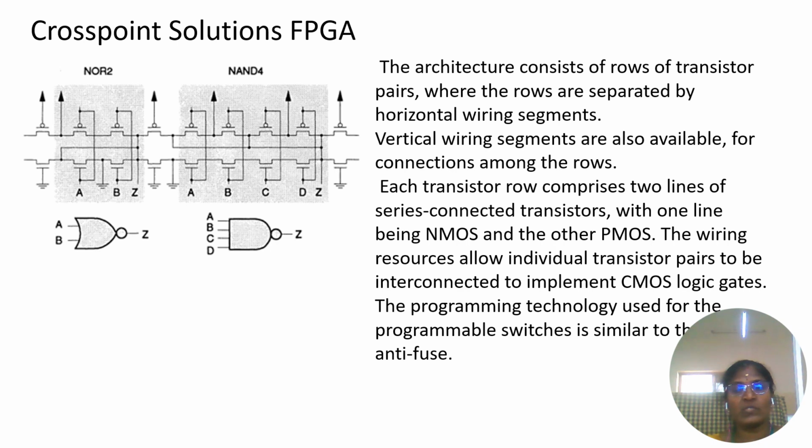The wiring resources allow individual transistor pairs to be interconnected to implement CMOS logic gates. The programming technology used is the anti-fuse technology. So this is the Crosspoint Solutions FPGA.